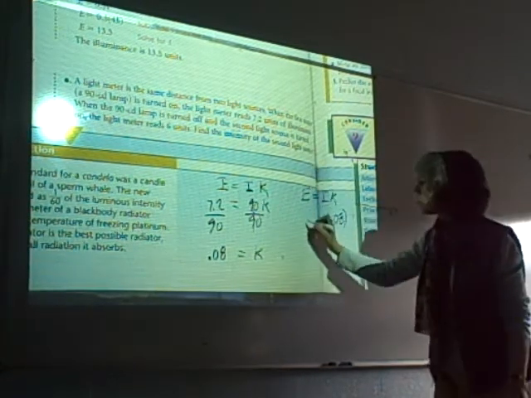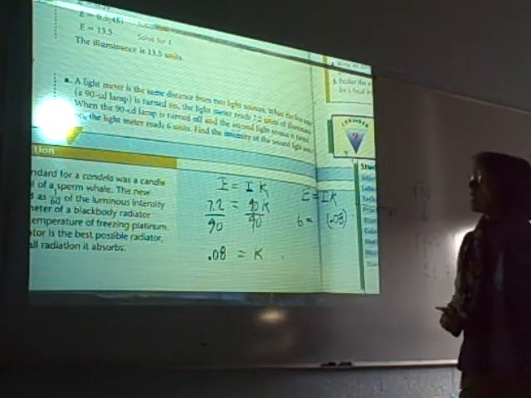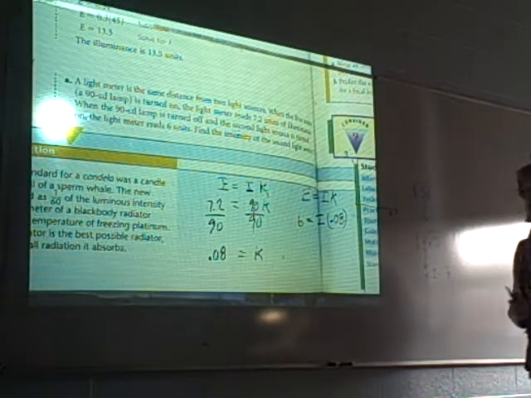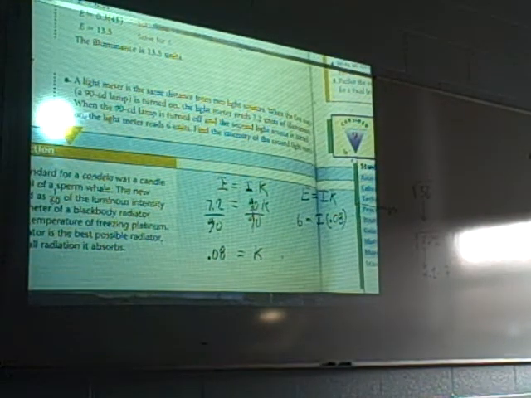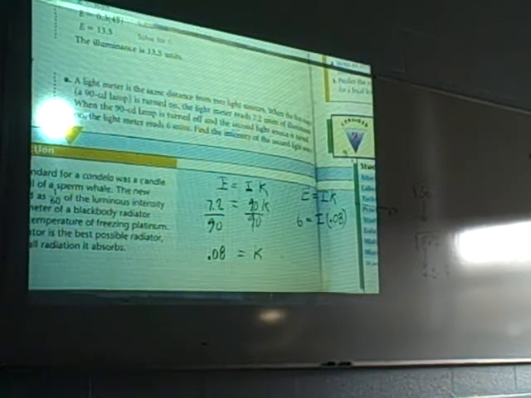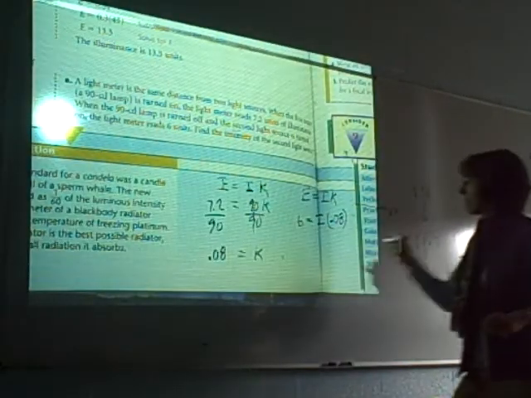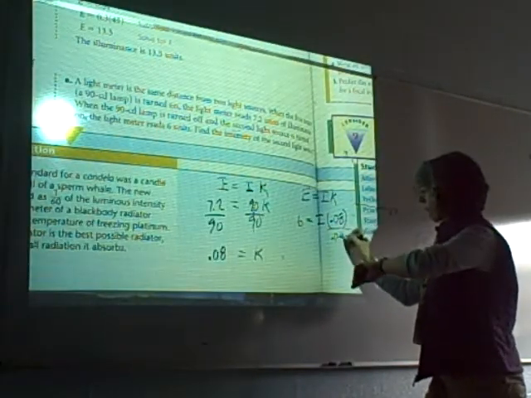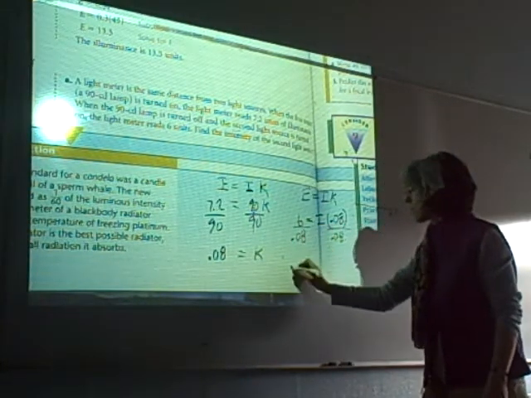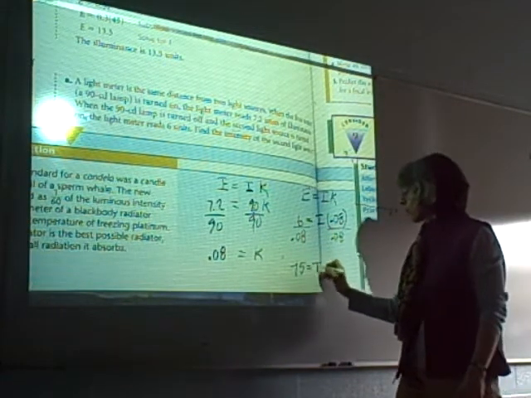The light meter reads 6, and the intensity is I. We don't know what it is. Can we solve for I? Yes. And what would I be? 75. So 75 is equal to I.